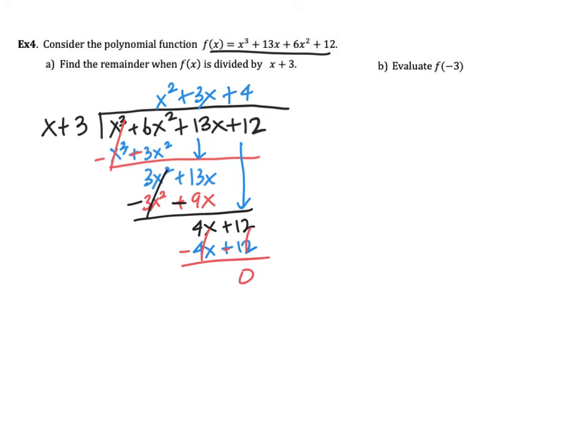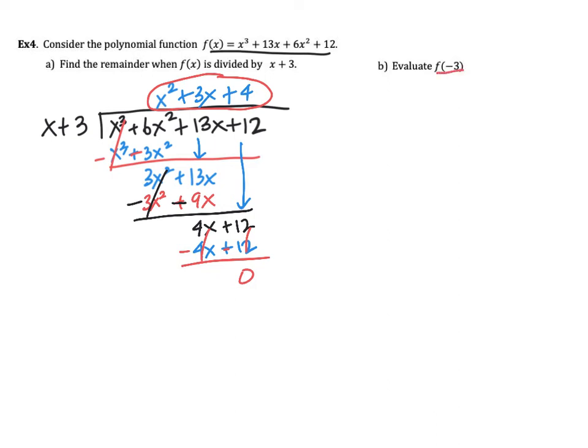All right, so this time when you did your long division, you should have gotten a remainder of 0. So x cubed plus 6x squared plus 13x plus 12 divided by x plus 3 resulted in just x squared plus 3x plus 4. So it divided, x plus 3 divided into that evenly, and it had a remainder of 0.